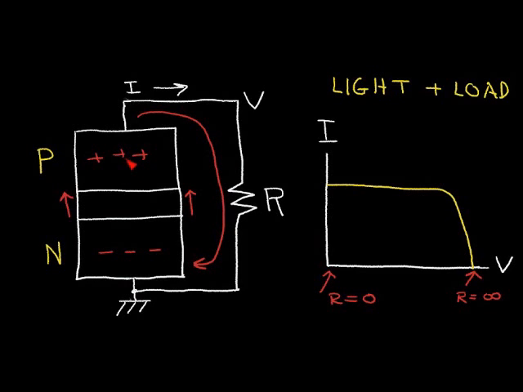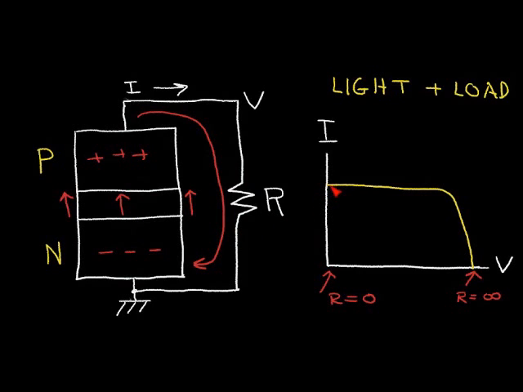It's a little bit like having a battery. This terminal is charged positive, this terminal is charged negative. We put a load on it and we can do useful work. So what happens is that the current in this direction, the drift current, can now flow through this load. And the drift current can dominate the circuit.